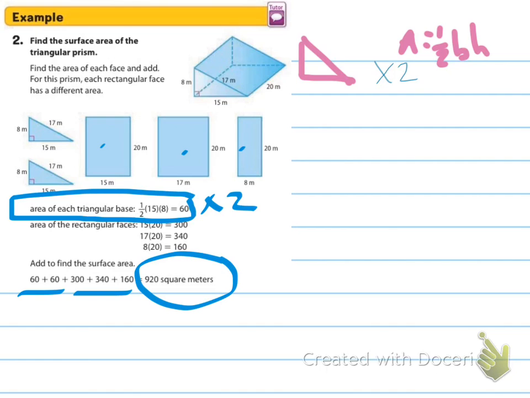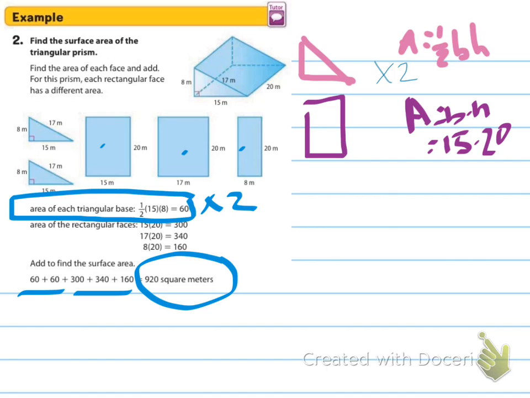So we would put times 2, and whatever you find there you could times 2. Then the next part you would say, okay, here's my next shape, and that area is going to be base times height, and then put in your 15 times 20, and then do the next rectangle and the next rectangle, and each one same thing, and then we take all of it and add it together.